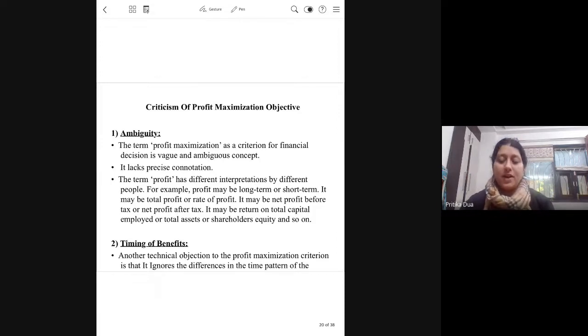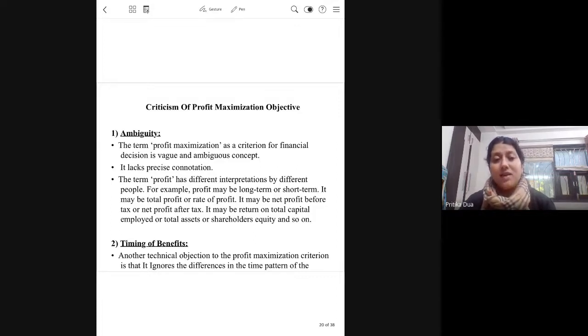So profit as a term does not enjoy a single definition. For some people, it is profit after tax. For some, profit maximization means maximizing the profit before tax. For someone, short term profit will be more important, for someone long term profit will be more important. So there is no standard definition of the term profit per se.